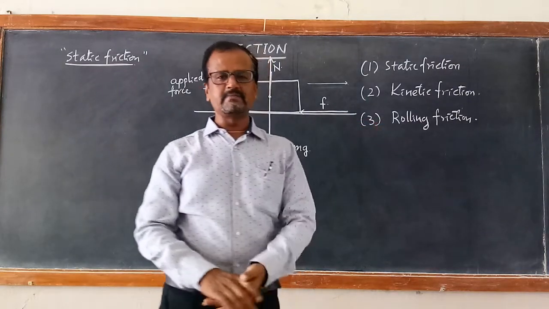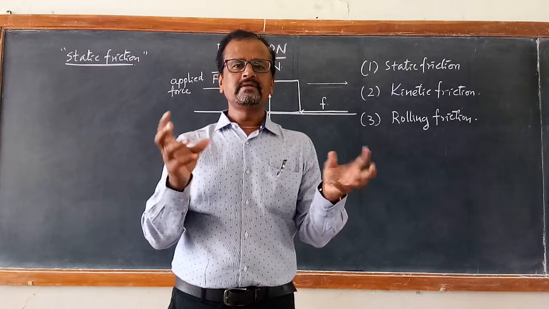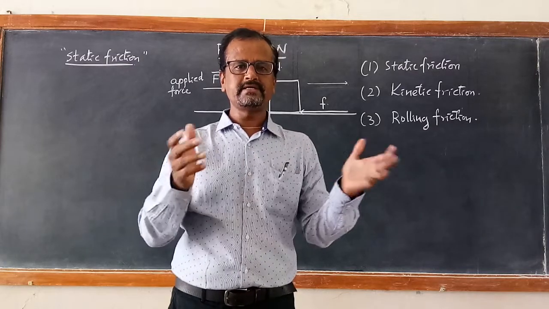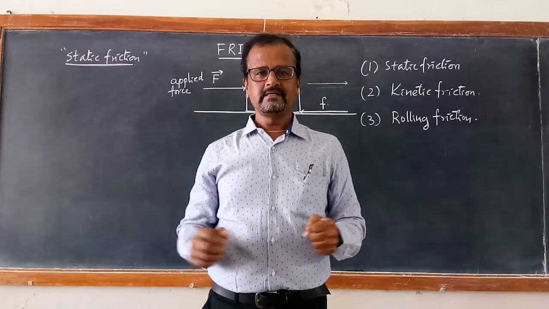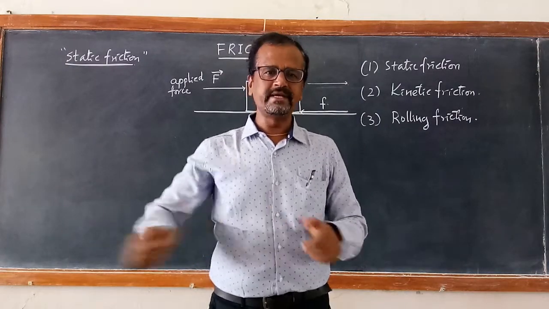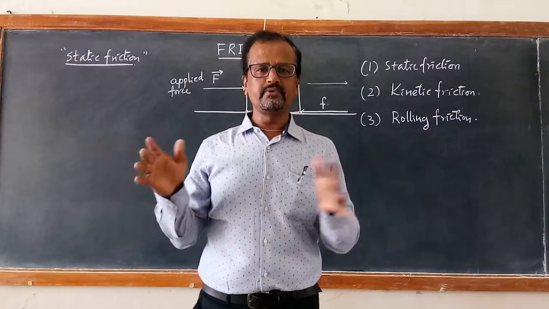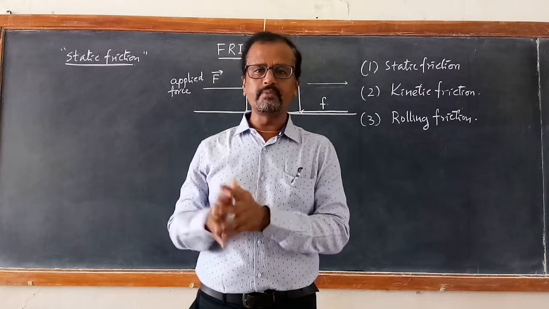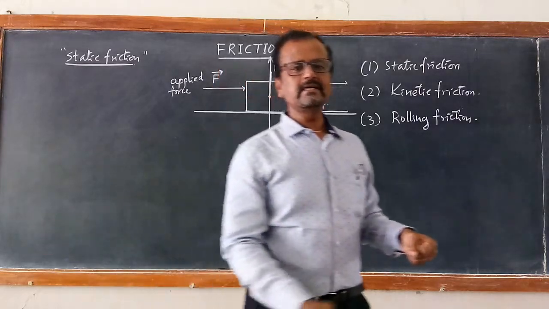The rolling friction comes into play whenever the body is fitted with wheels. Nowadays you are carrying luggage with wheels, a bag with wheels, a suitcase with wheels. It's very easy to roll. Whatever the load you put inside, you can still very easily roll it.